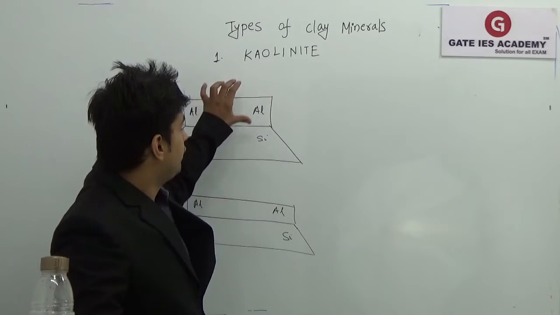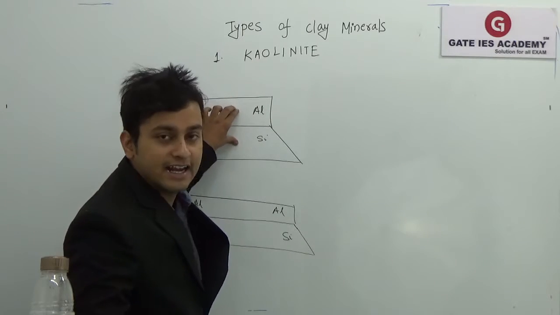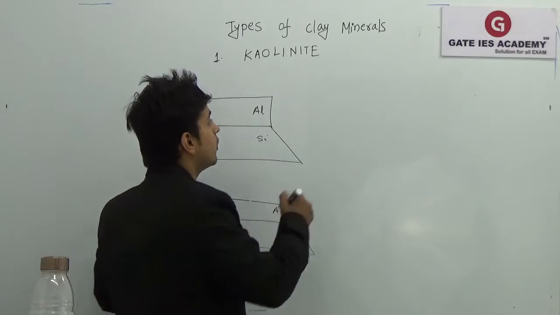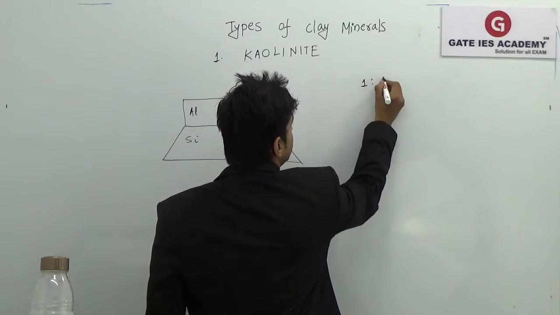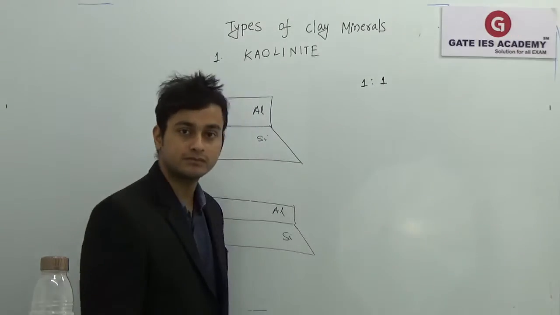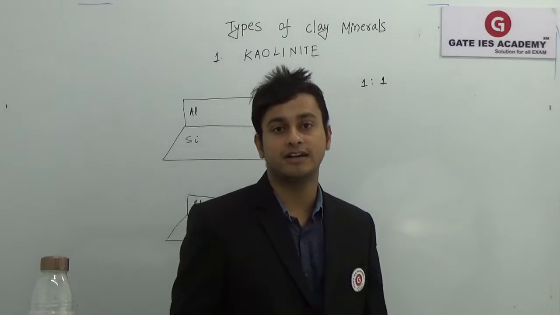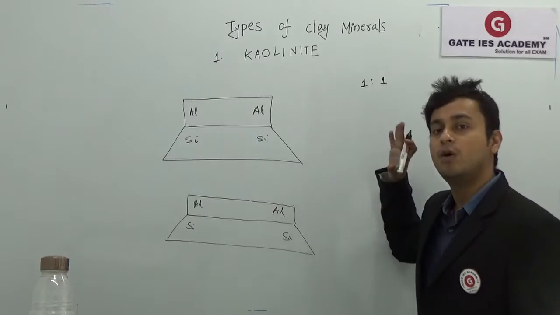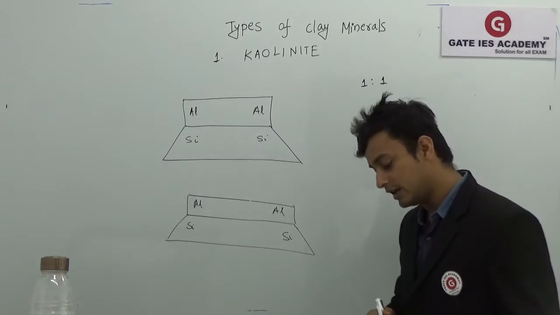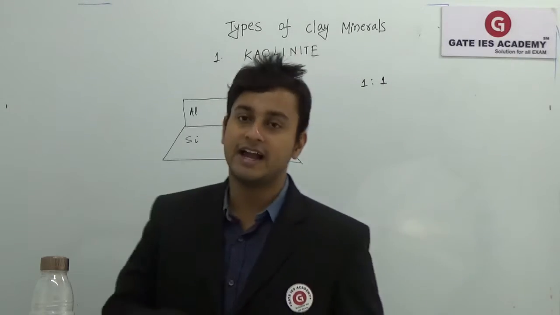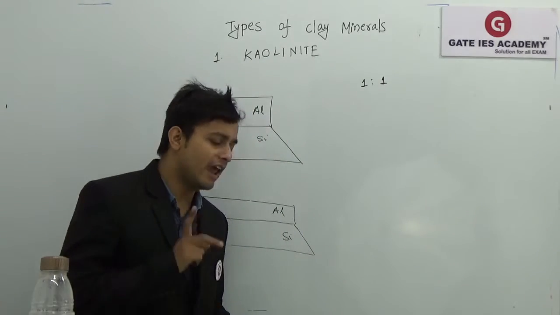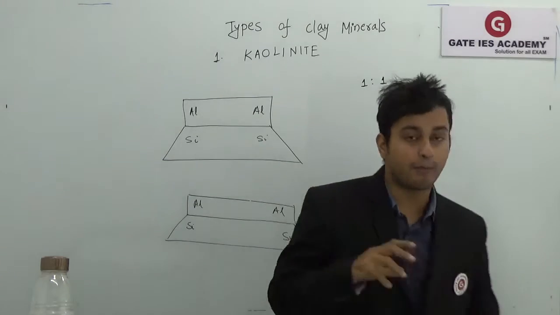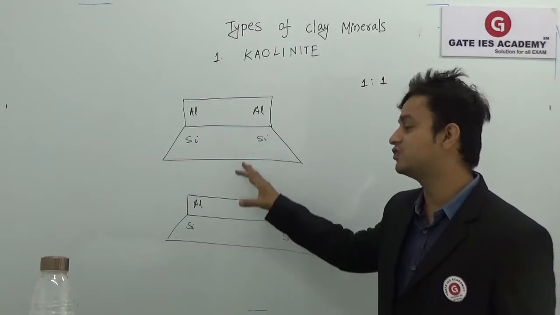So first is kaolinite, which is made up of one silica gibbsite sheet combined with another silica gibbsite sheet. So this is called a 1:1 clay mineral. This is the basic important thing which we have to understand, that the kaolinite is a 1:1 clay mineral and is composed of one silica and one gibbsite sheet. Now what I want to understand is what is the bonding between these two sheets.